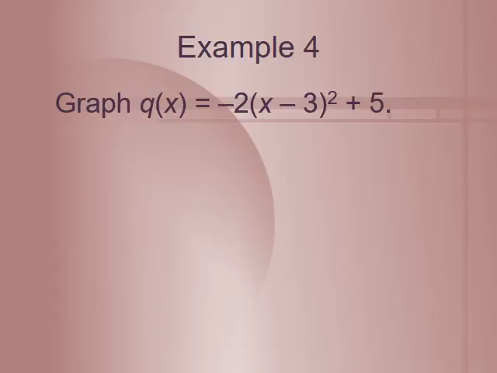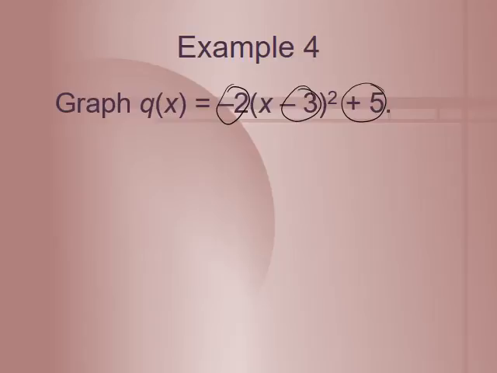Okay, in this example, I see 3 things going on. I see a multiplier, I see a number inside our function, and a constant outside our function. This -2 means that the graph is going to be wider than normal.